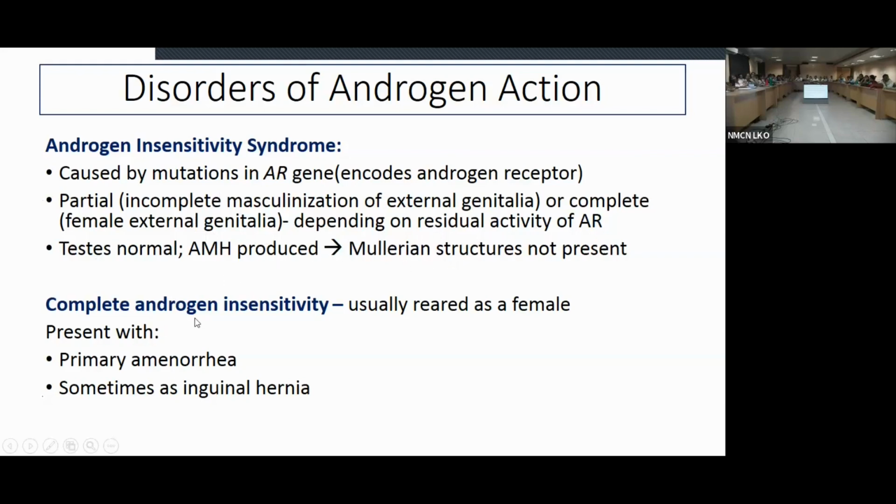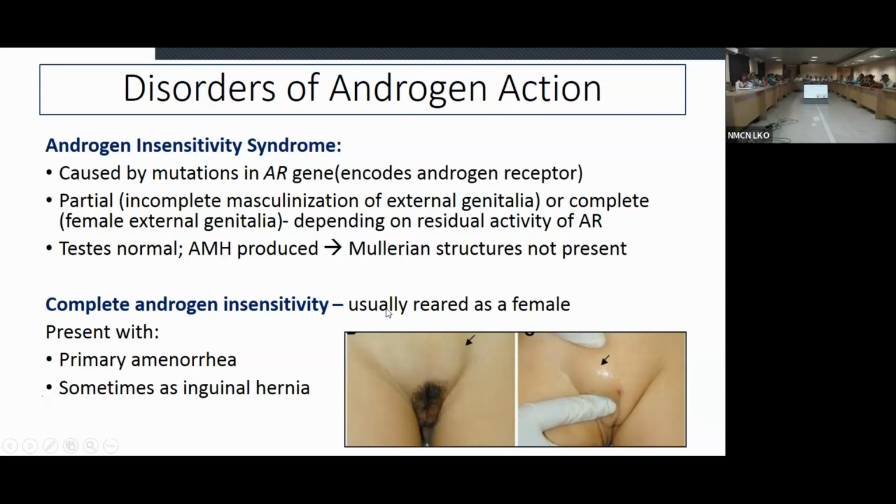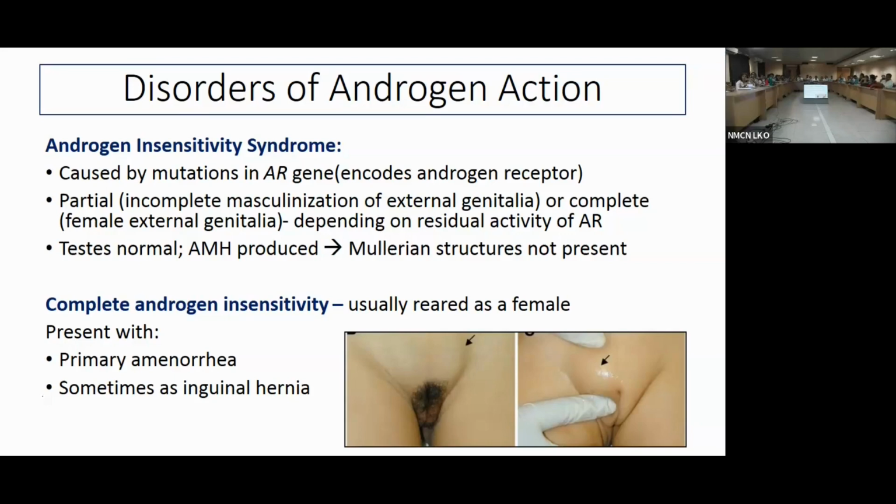Most of these individuals with complete androgen insensitivity are reared as females and present usually at puberty with primary amenorrhea. Some of them may present with inguinal hernia. In the sense, it is not really an inguinal hernia. You'll have a female individual noted to have some mass-like thing in the inguinal region. It will be usually assumed to be a girl with an inguinal hernia, and will be brought to the attention of the doctor, and afterwards it comes to light that it is actually the testes and not a hernia.